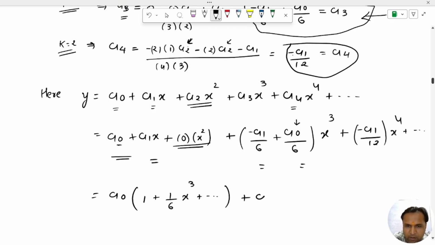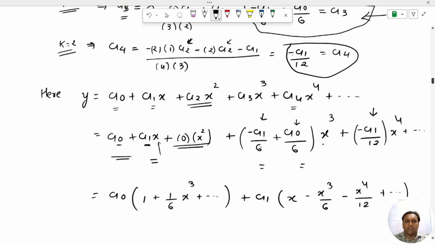And for a1, if I am taking a1 common, the remaining term is x, then minus 1/6 x cube, so x minus x cube by 6, and then x raised to 4 minus x raised to 4 upon 12 plus dash dash dash.